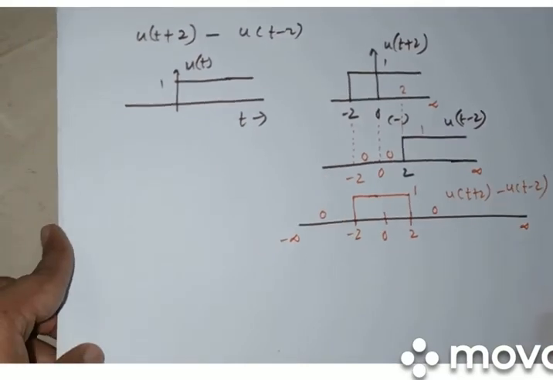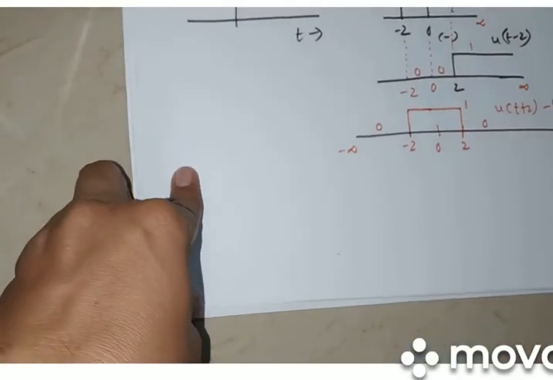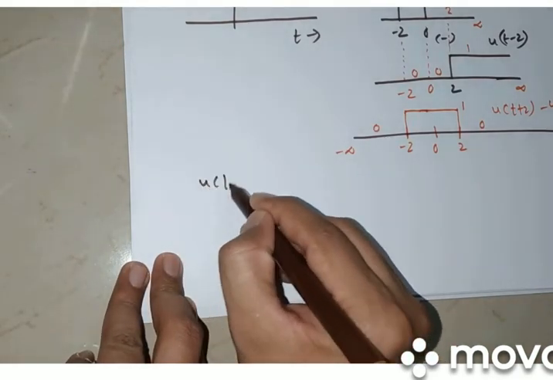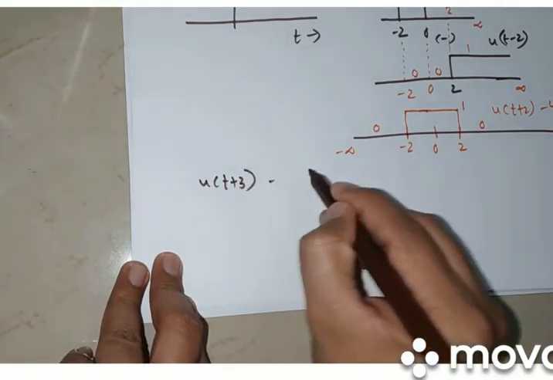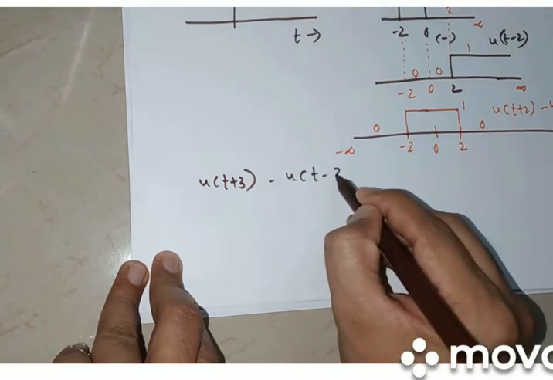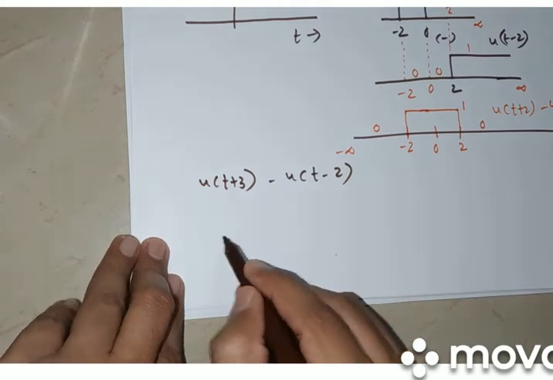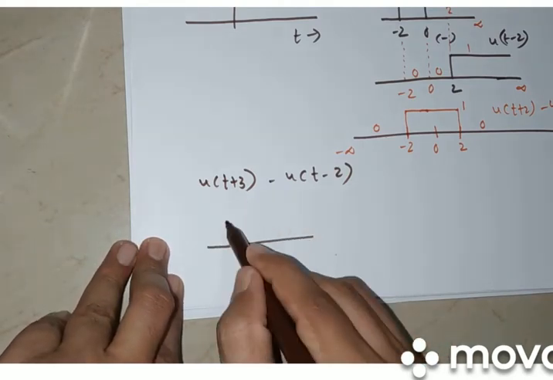See, if you take another example also, we'll do it a little quicker. u(t plus 3) minus u(t minus 2). What will we get? Same thing.